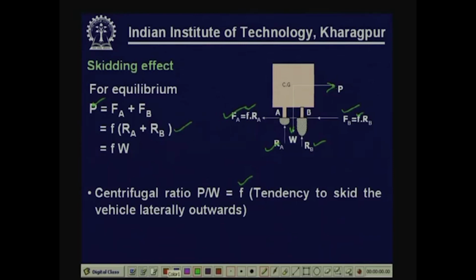In order to have safe movement, this centrifugal ratio must be lesser than the coefficient of friction. In fact, it is equal to the coefficient of friction just at the limiting condition. So, preferably it should be lesser than the coefficient of friction.